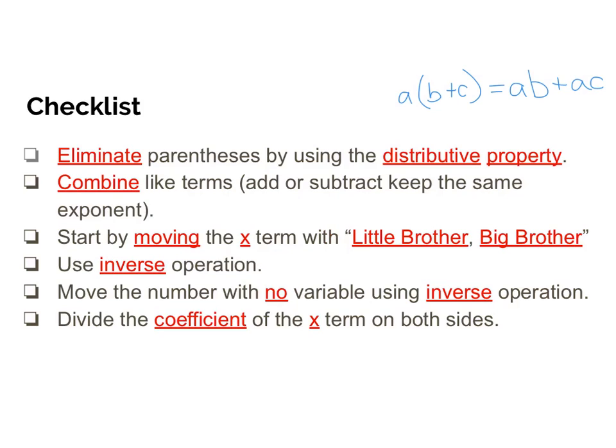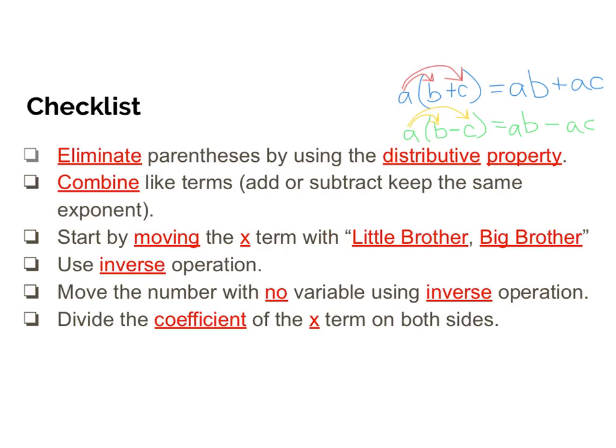Because what we needed to do is distribute this A to the B and A to the C, both terms inside the parentheses. Similarly, if we have A times (B minus C), that's going to give us AB minus AC, because again, we would have to distribute the A to the B and the A to the C.